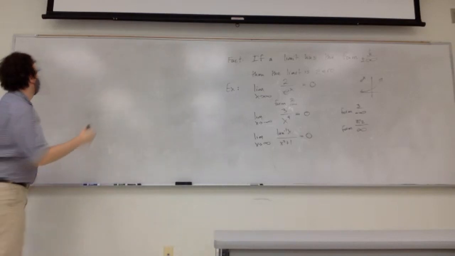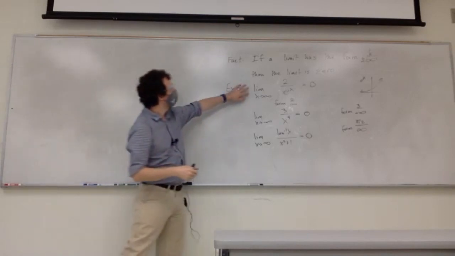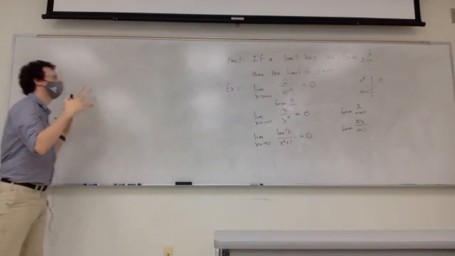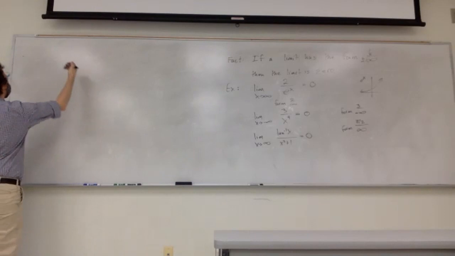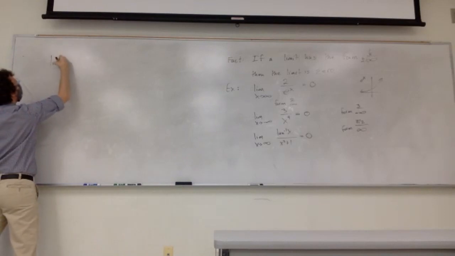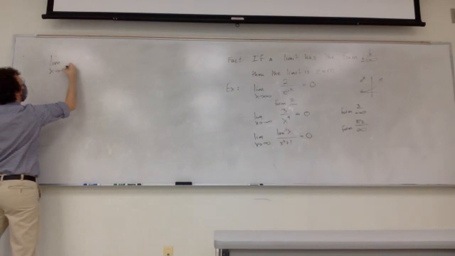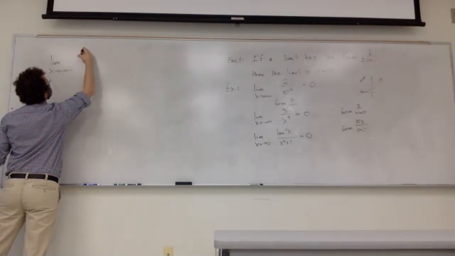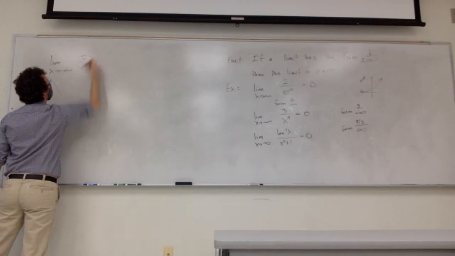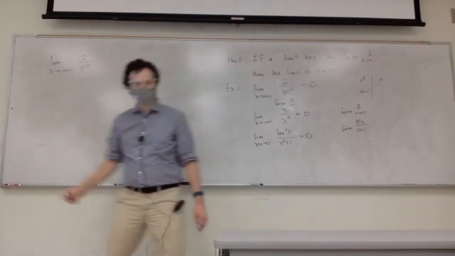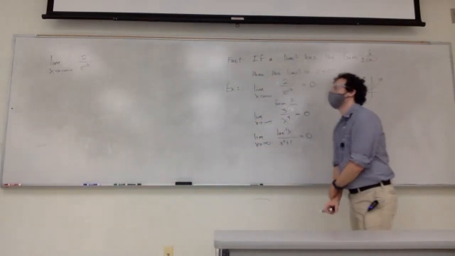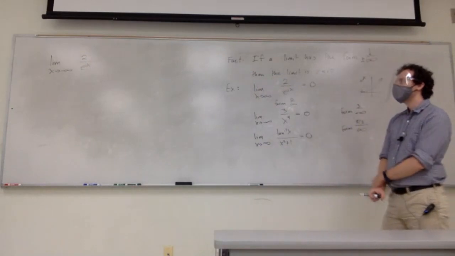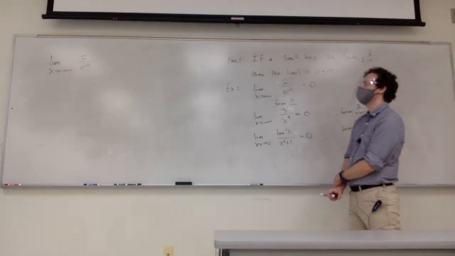So the first one is actually, let's look at this first function and go the other way. So what is the limit as x goes to minus infinity of 2 over e to the x? So what's the limit of e to the x as we go to minus infinity?